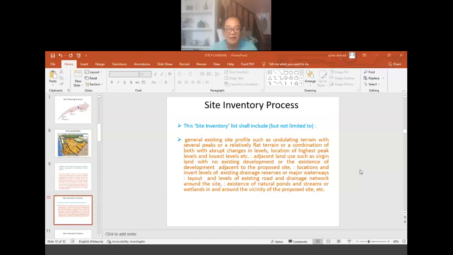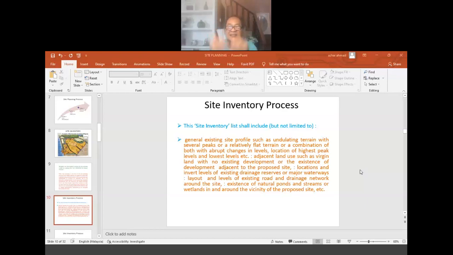So you're making up a list of all existing features within the site and around the site, and noting the important features. For example, there is an existing road around the site. So what is the level of the road? We take note of the road levels around the existing site. And then there is a drainage around the existing site, so take note of the invert level of the drainage.